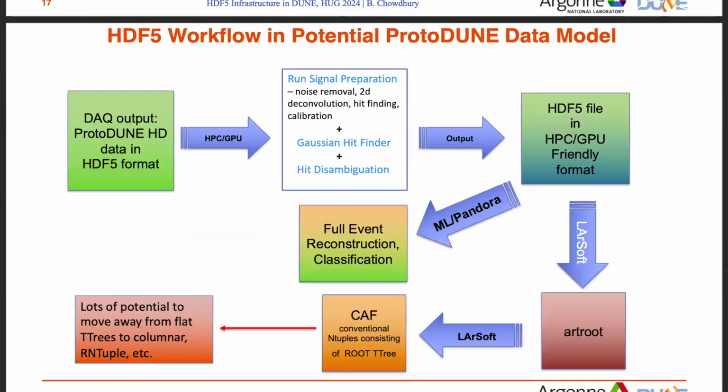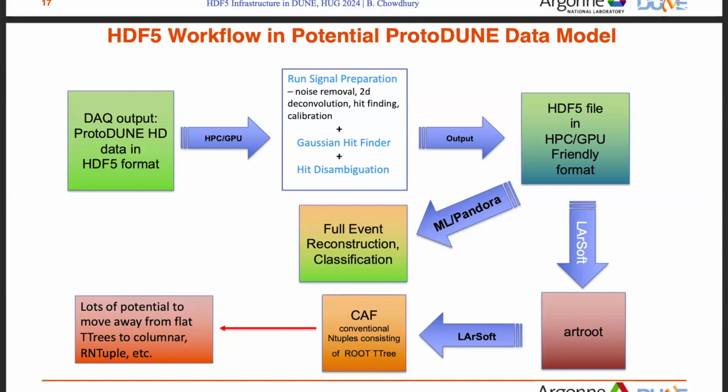And this is our potential ProtoDUNE data model, and we may want to deploy this model in our FAR detector. Here we start with DAQ output HDF5 format, and this goes through HPC and GPU for running these algorithms: signal preparation, Gaussian hit finder, hit disambiguation, etc., because these are the processes that need GPU.